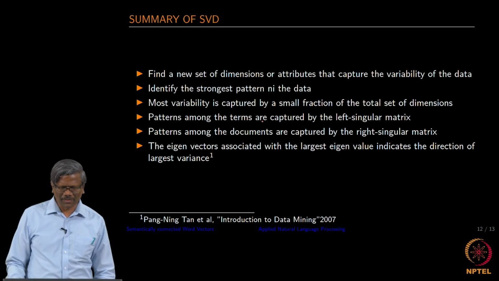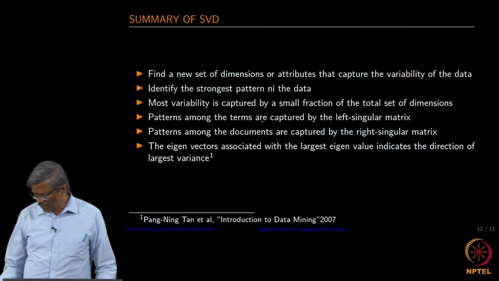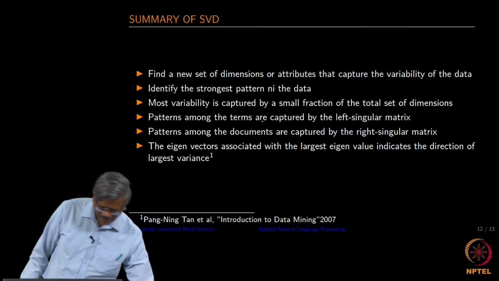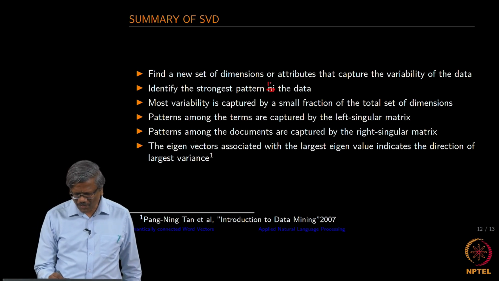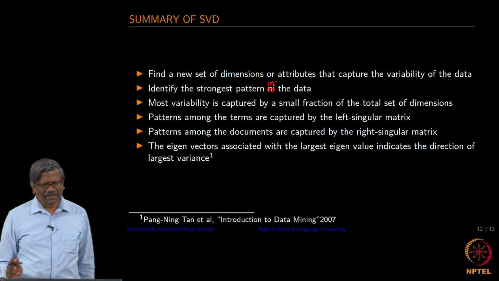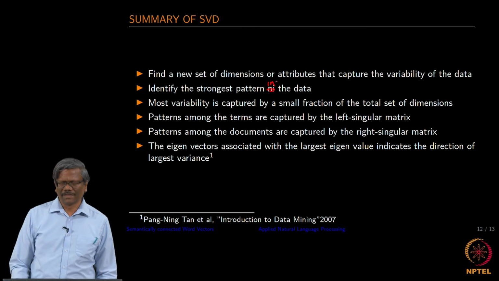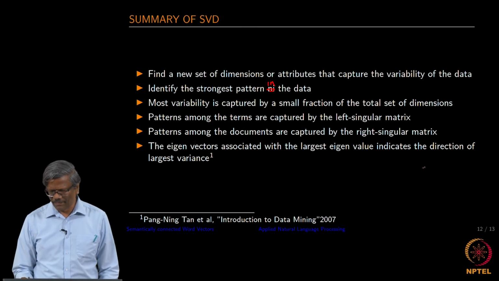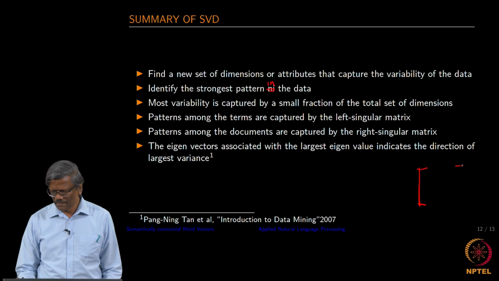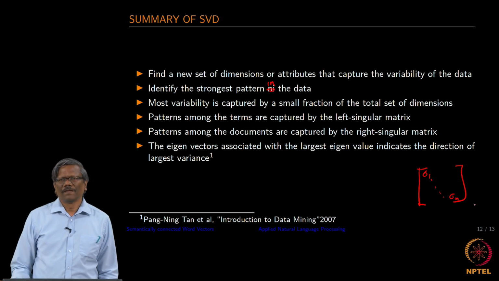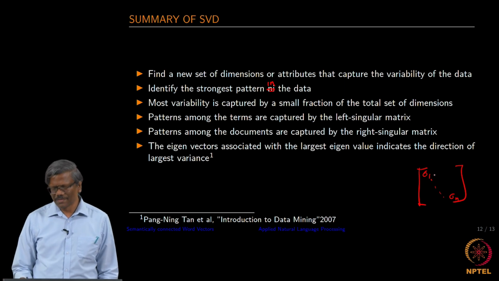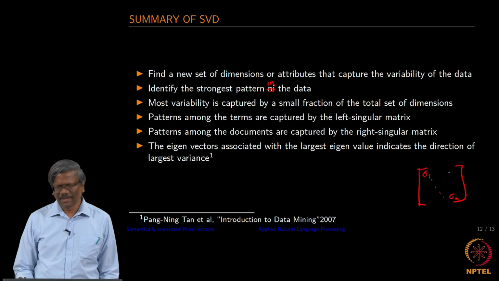I'm going to be taking 2 examples to showcase that. So we want to identify the strong pattern in the data. That's the idea, right? If you look at the eigenvalues, we know that they are in descending order with respect to the magnitude, correct?